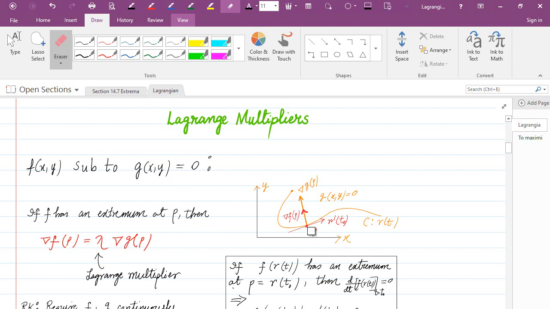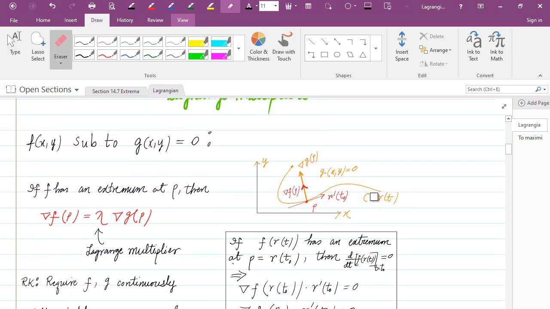So P is the point on the graph of the constraint equation where the max or the min occurs. Because this curve is the level curve of g, we know that at this point P, the gradient of g would be perpendicular to the curve.